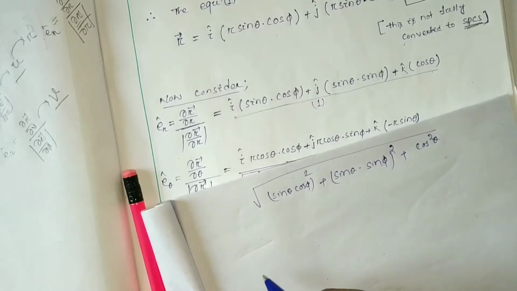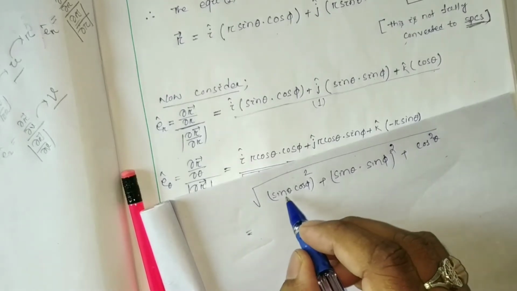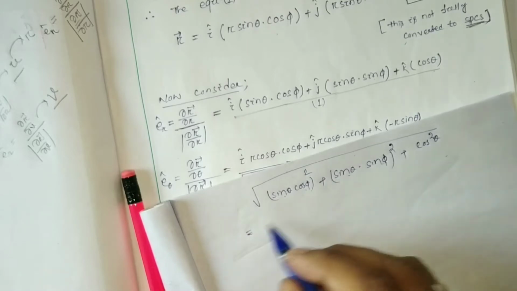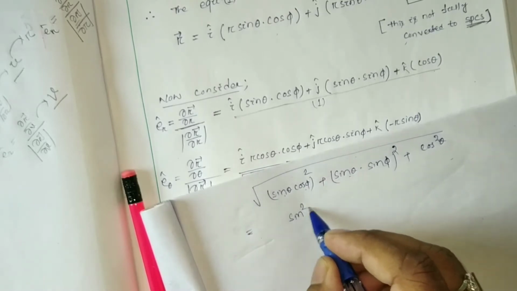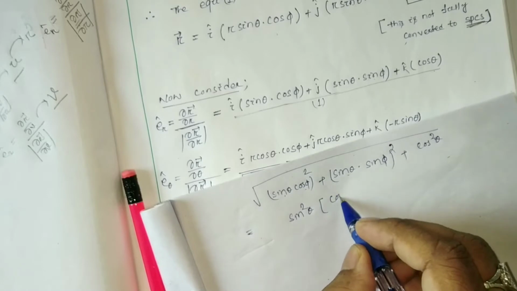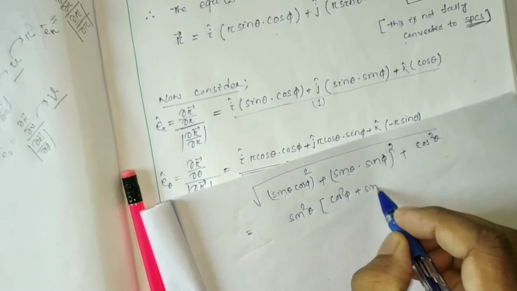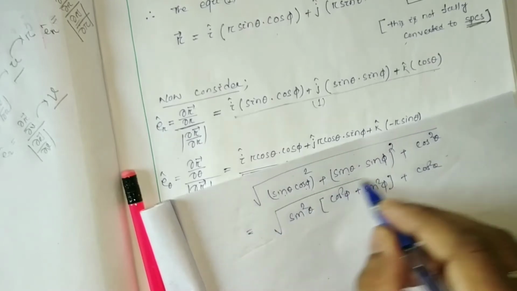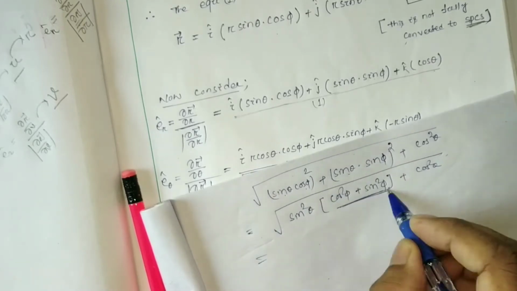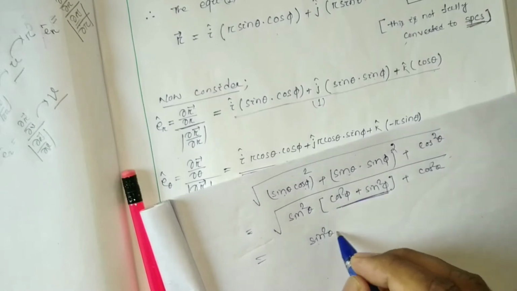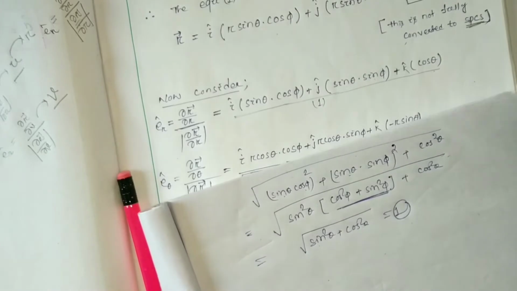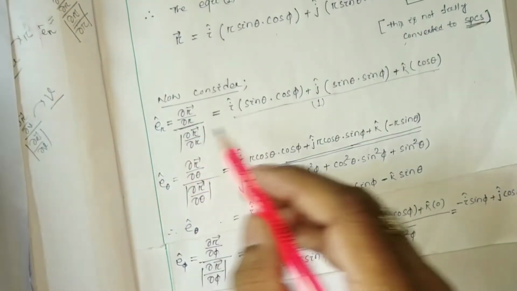So this is sin square theta cos square phi plus sin square theta sin square phi. Take common sin square theta, so we get cos square phi plus sin square phi plus cos square theta, whole root over. This value is 1, right? So we get sin square theta plus cos square theta root over, which is nothing but 1. So the modulus of this one is 1.